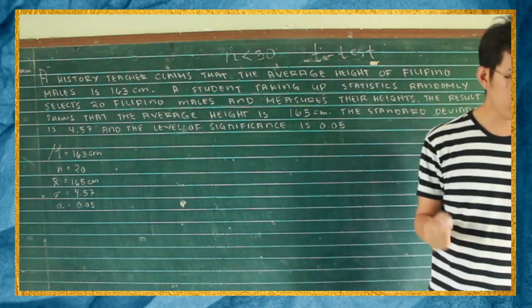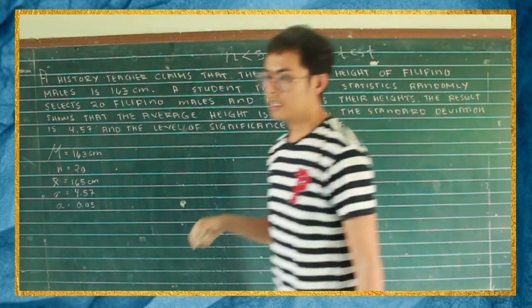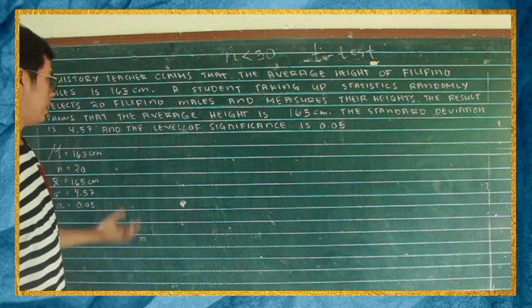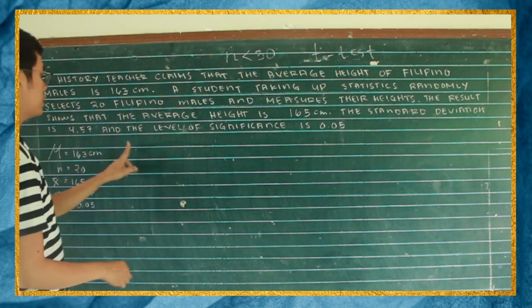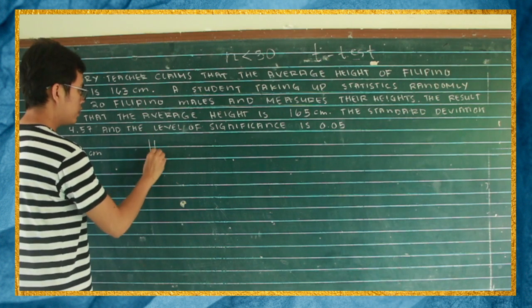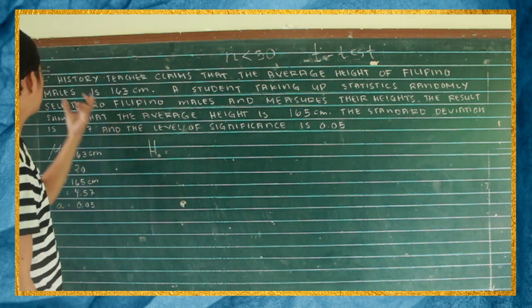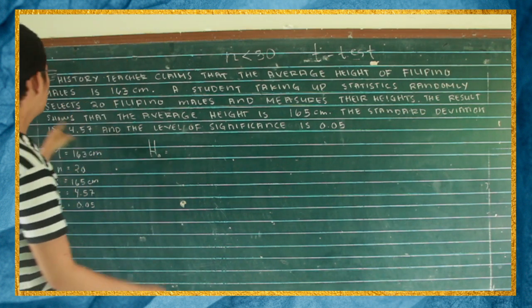Then step 1, we have to identify the null hypothesis, which is the hypothesis we are going to test, and then the alternative hypothesis. For the null hypothesis, that is the claim of the teacher.